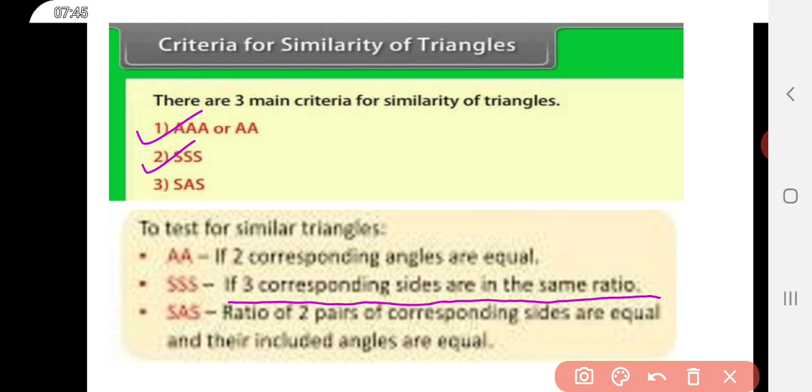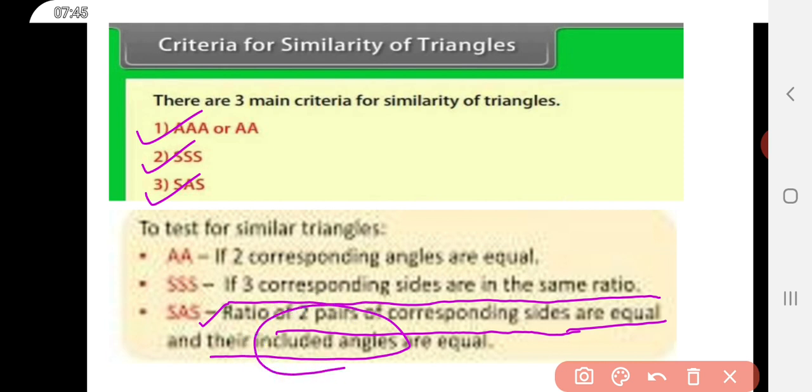Okay, now come to 3. SAS means ratio of two pairs of corresponding sides are equal and their included angles are equal.